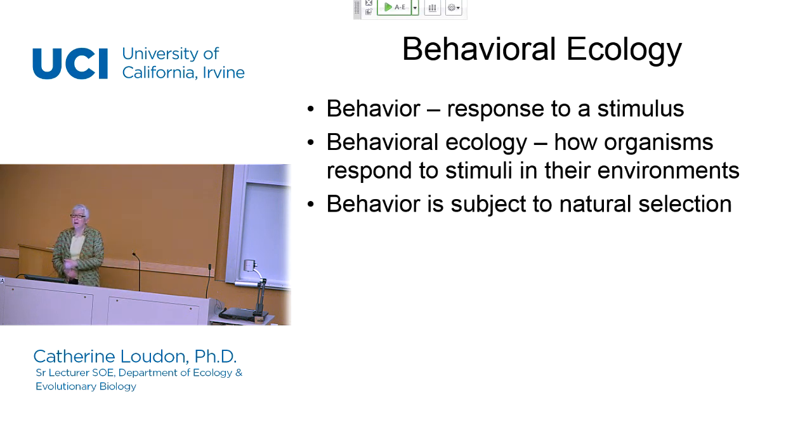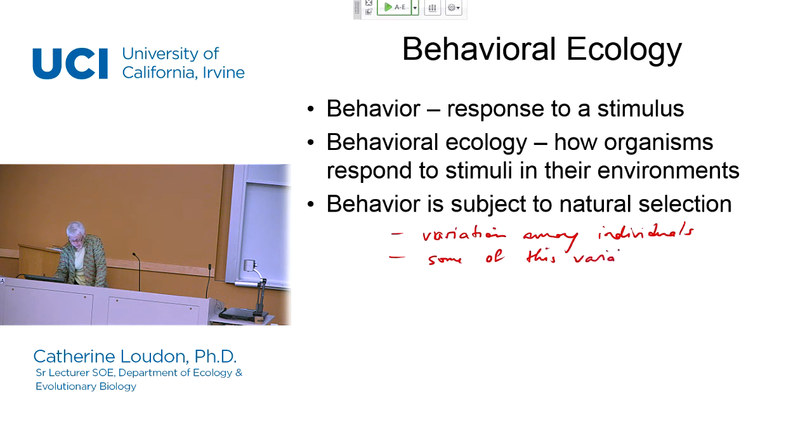So what is meant by that, and how should you think about this? Hopefully, seeing the phrase natural selection pop up, you're thinking, if there is variation in behavior among individuals, not all individuals behave exactly the same way, and some of this variation has a genetic basis and is heritable, and certain behaviors will have higher fitness.